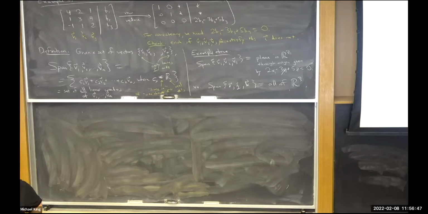But now if you're thinking about columns, you'd be thinking about two three-dimensional vectors. Instead of three lines in the plane, you'd be thinking about two vectors in 3D. So it's a different geometry, so you have to be cognizant of that.